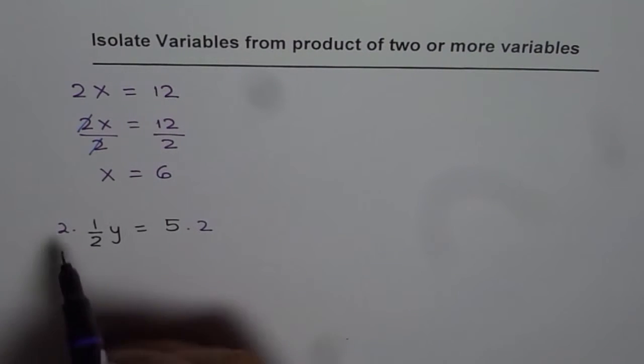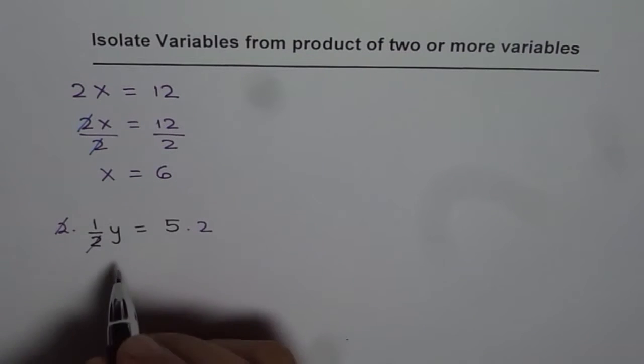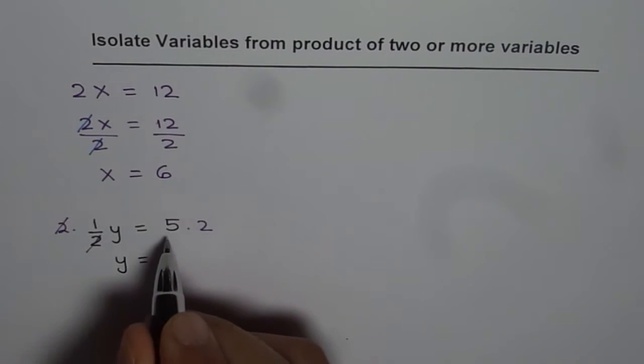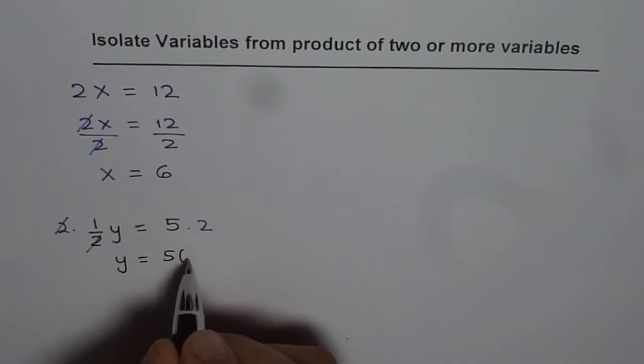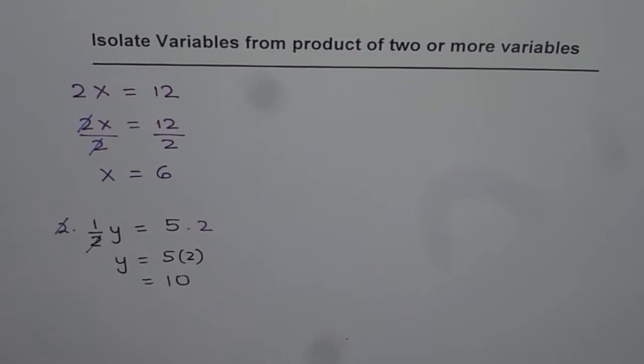If we do that, then this 2 cancels off and we are left with y equals 5 times 2, right? 5 times 2, which is equal to 10. So we get our answer, right? So when the numbers are involved, it's kind of simple. We straight away get the answer in terms of numbers, right?